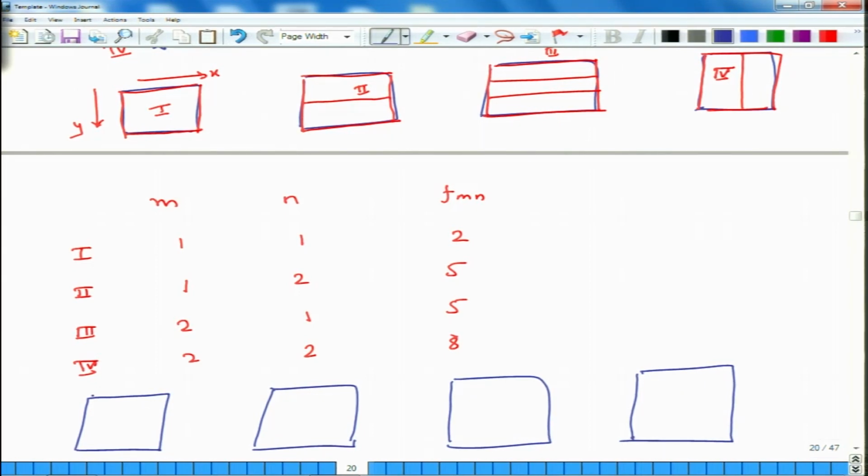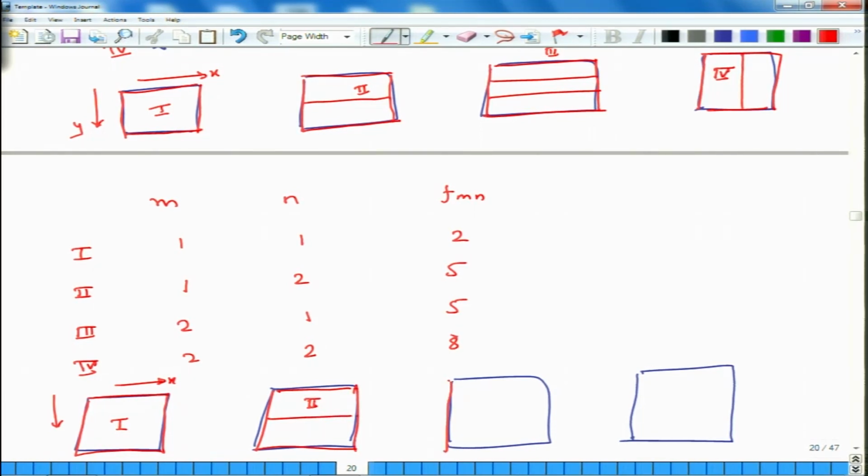In the first case, the fixed boundaries are all the 4 edges are fixed and those are the only node lines. This is case 1. In the second case, I have one half wave in the x direction. So, this is again x direction and this is y direction, one half wave in the x direction and 2 half waves in the y direction, and of course, all the edges are fixed. So, it is like this. This is case 2.